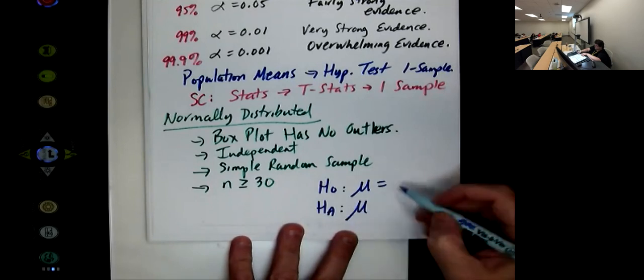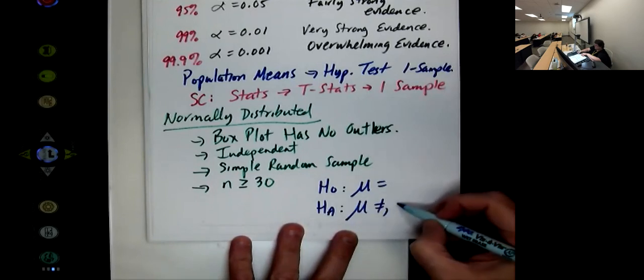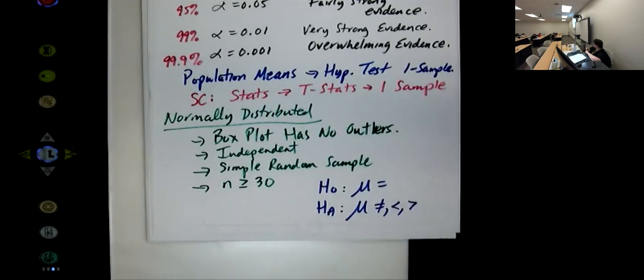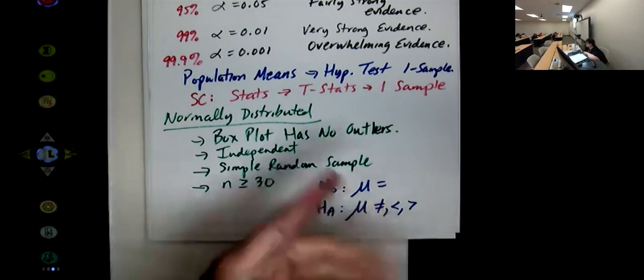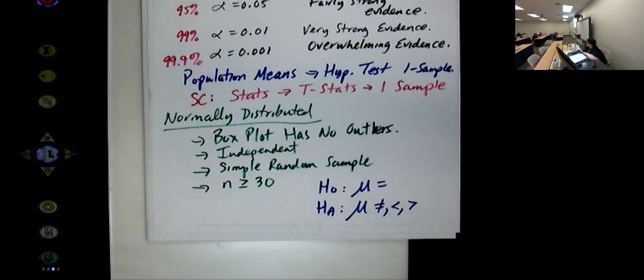HA is mu either not equal, less than, or greater than. So it's not a whole lot different than a proportion. It's just a different letter, representing the mean rather than the proportion.